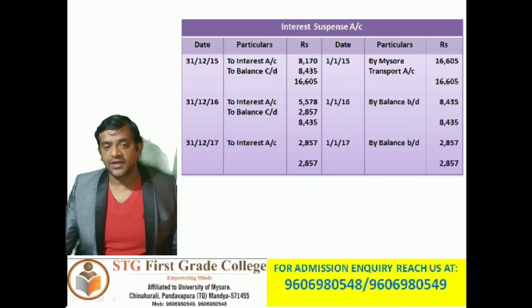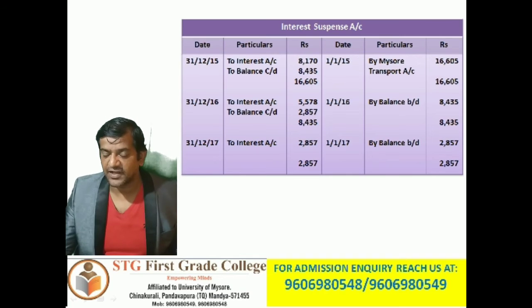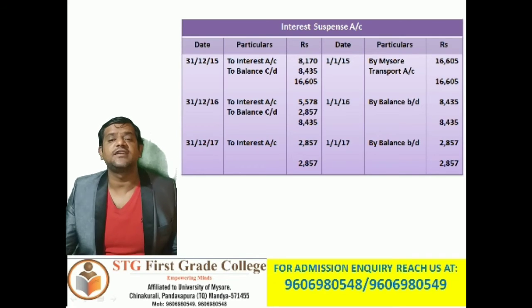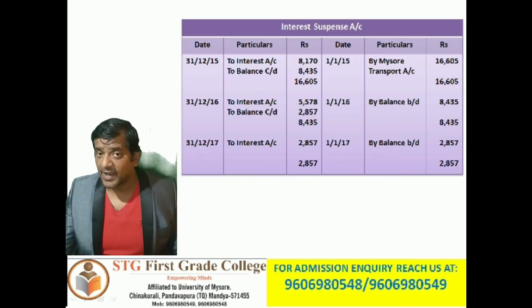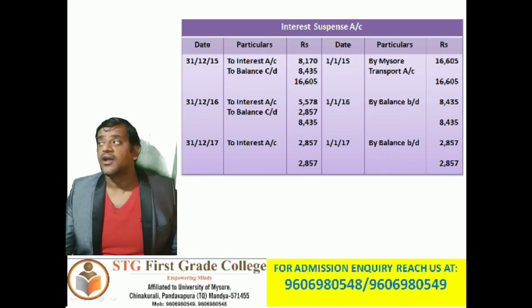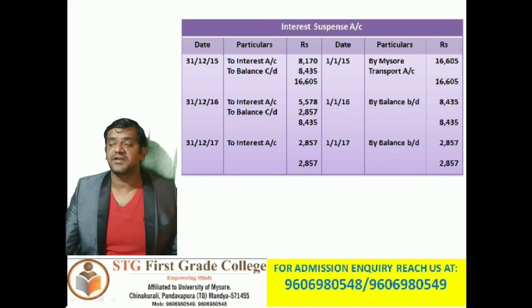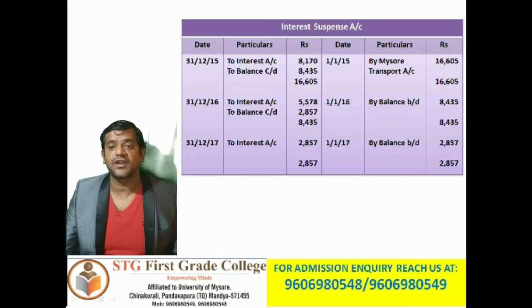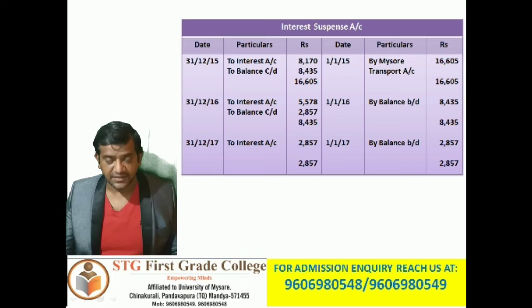Now 31/12/2015, first year, to interest account 8,170, to balance carried down 16,605 minus 8,170, which is 8,435.